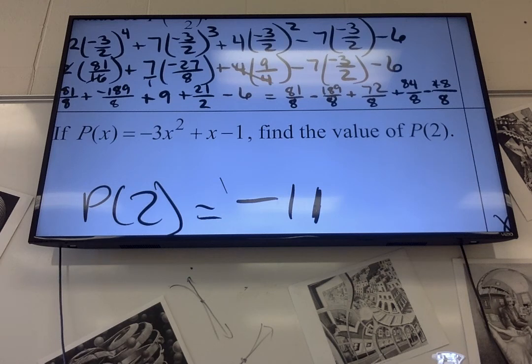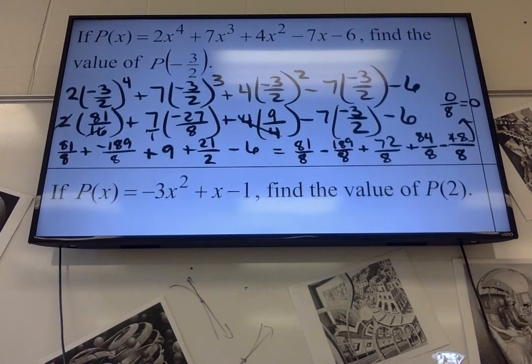So what should happen if I actually add and subtract those, 81 minus 189 plus 72 plus 84 minus 48, yes, I get 0. So on this one, the value of p of negative 3 over 2 was 0.